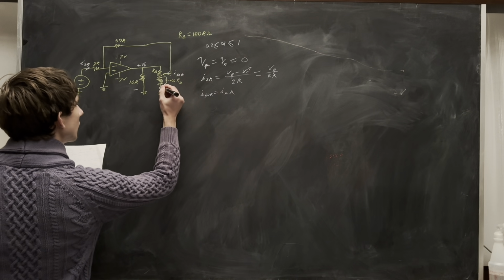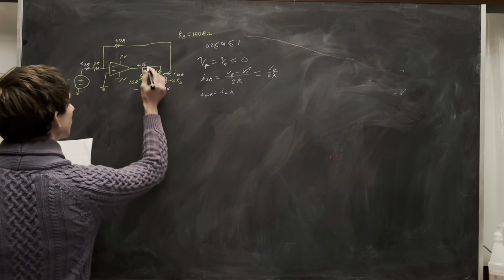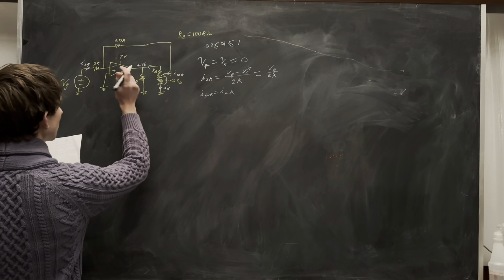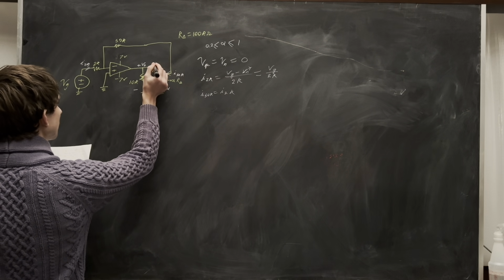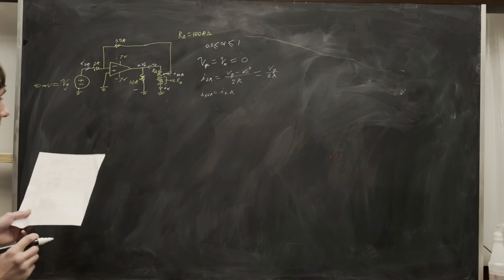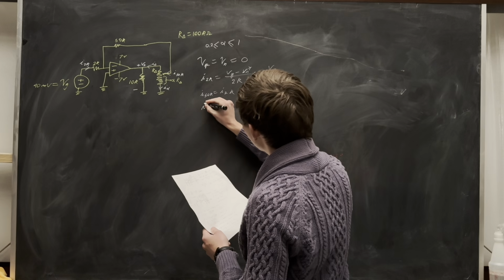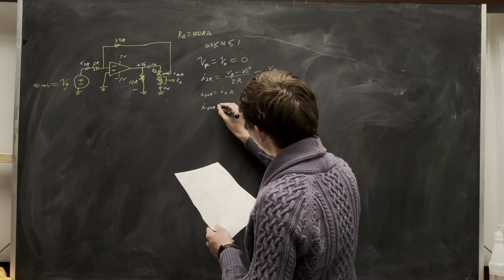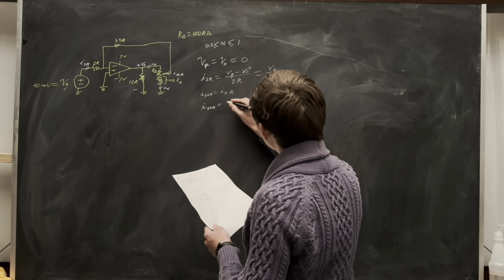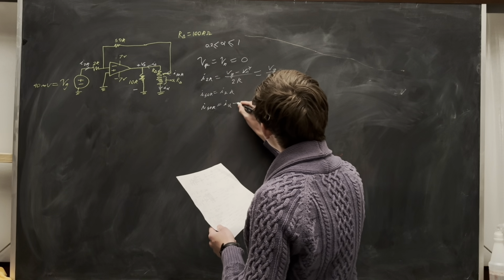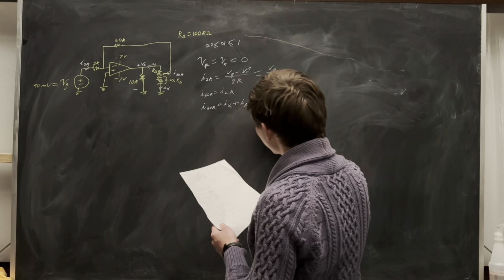I called this current I alpha. I call this one going up into the output I delta. You can see that I50K equals I alpha plus I delta.